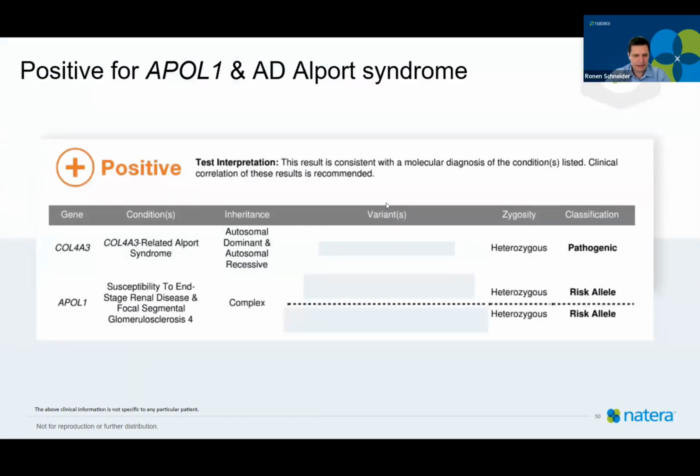And we found in this case two positive variants. One in APOL1 as suspected, so in G1, G2 alleles. And the other one was a COL4A3-related Alport syndrome gene mutation, which was pathogenic as well.